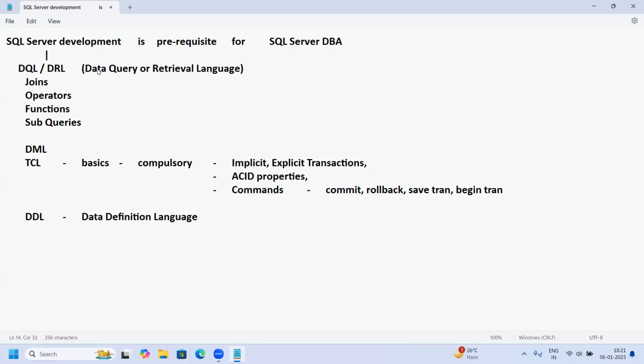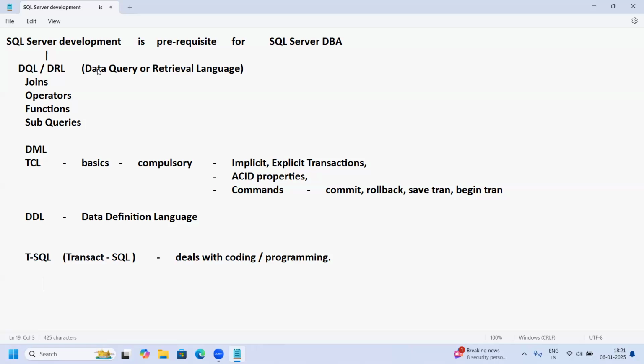Any coding part you should know? Yes, definitely. You should know T-SQL, Transact-SQL, that deals with coding or programming.